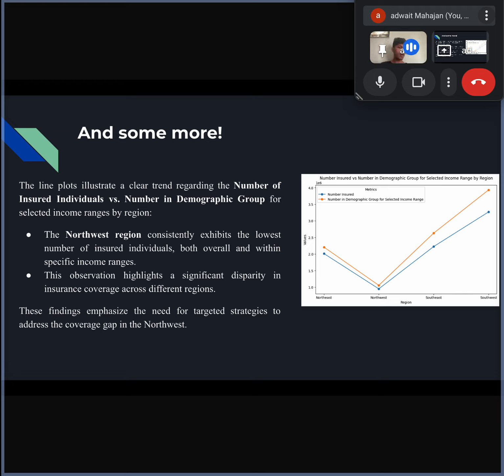So overall, the Northwest region faces a lack of insured people, and this observation highlights a very significant disparity between all the other regions, and it shows that there is a higher need for targeted strategies to address the coverage gap in the Northwest region in the US.